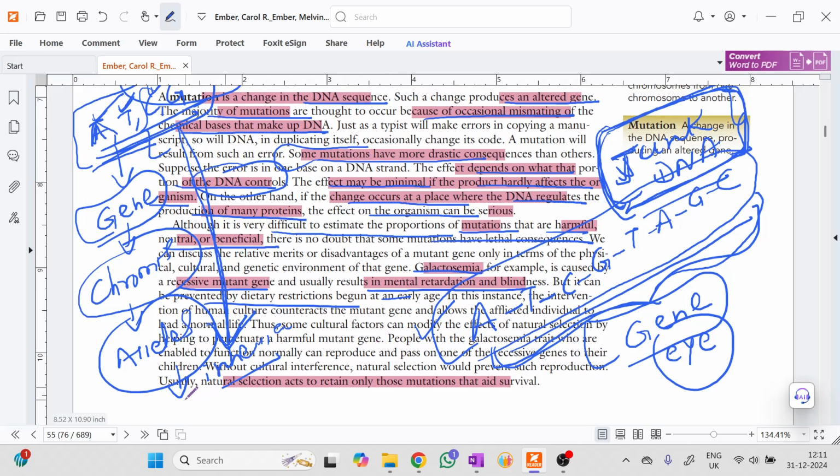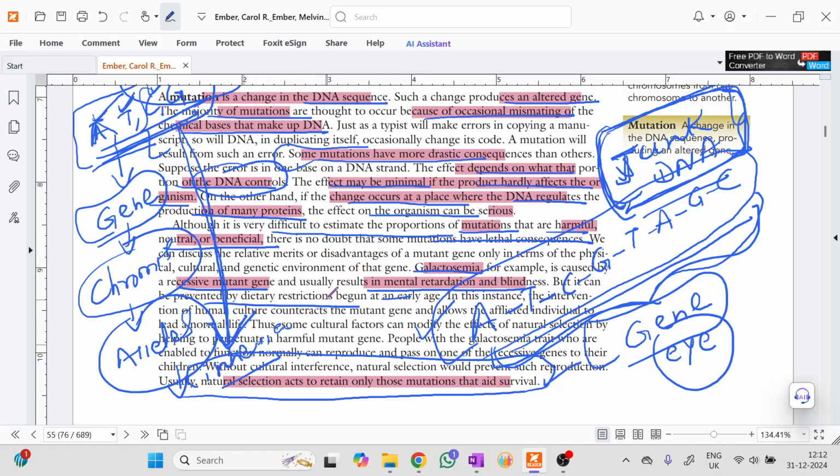But usually natural selection acts to retain only those mutations that aid in survival. Otherwise, all such mutations which are lethal will die off with the death of the individual.